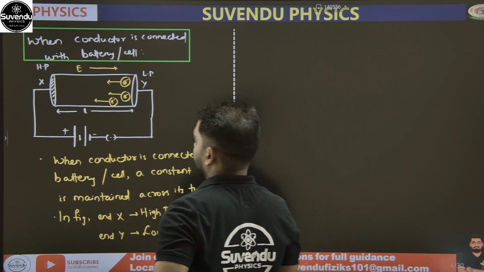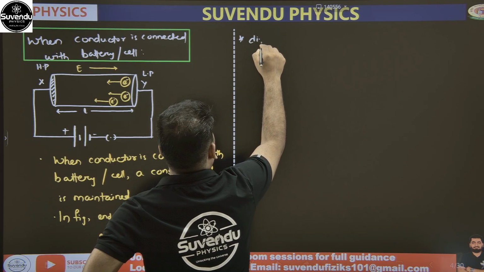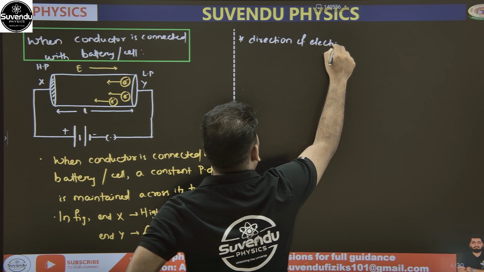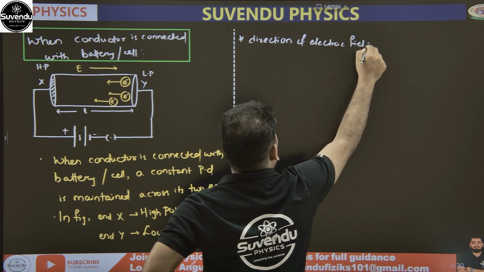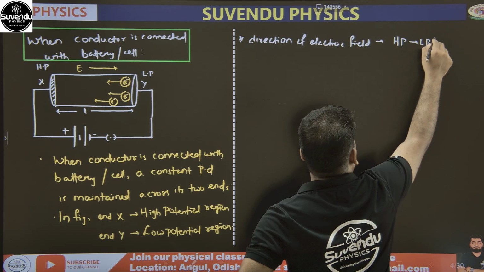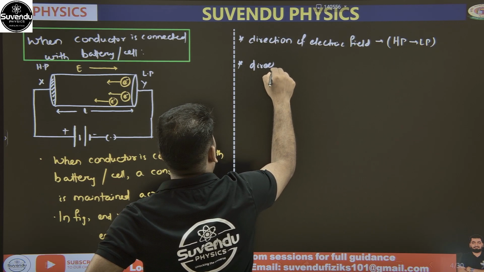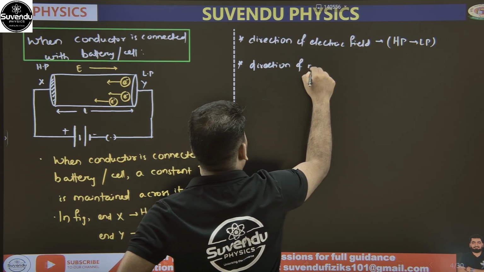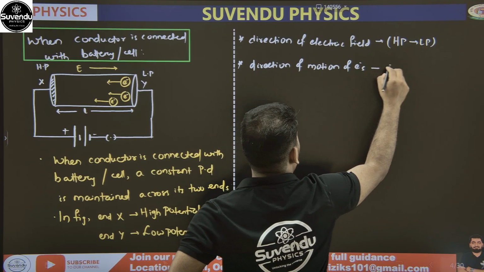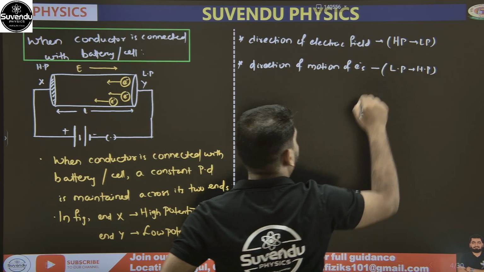The direction of electric field is from higher potential to lower potential. Then direction of motion of electron is from lower potential to higher potential. I think it is clear to all of you.